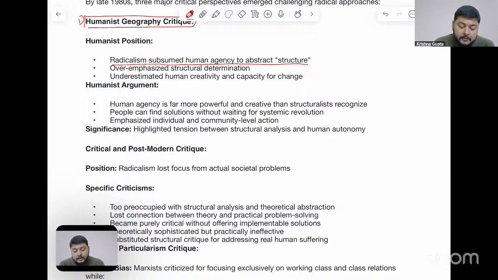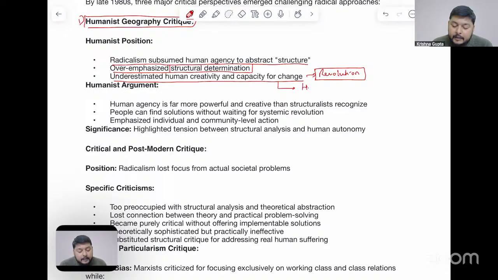There was an overemphasis on structural determinism, which is given as a part of radicalism and Marxism. It underestimated human creativity and capacity for change. It says that there has to be a revolution which is needed for change in the society. But humanism says that it is human creativity which will result in change in the society.